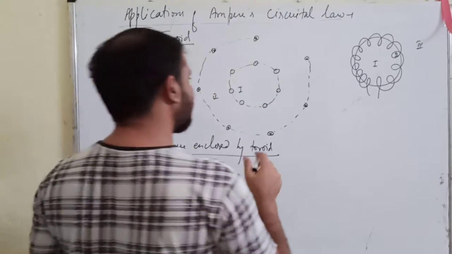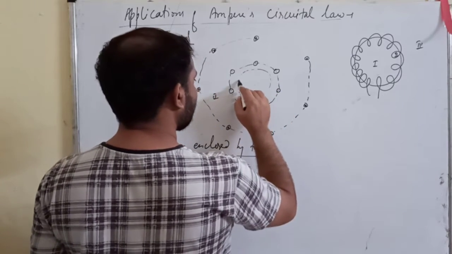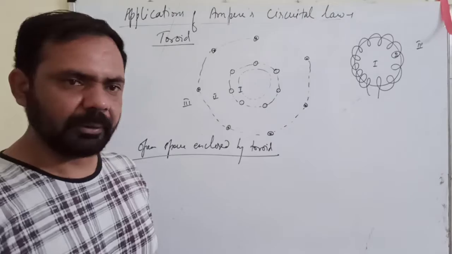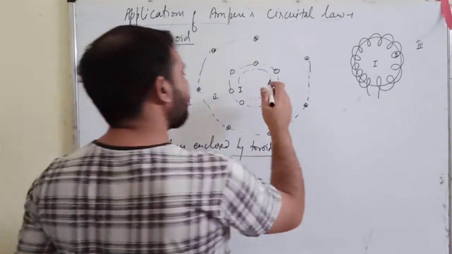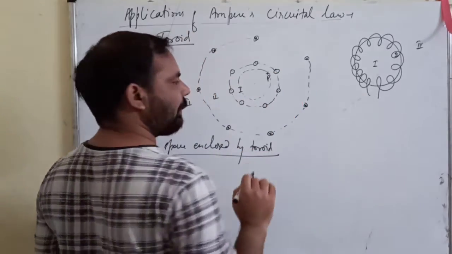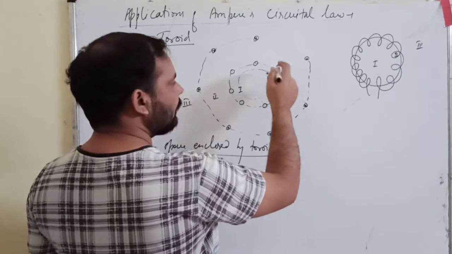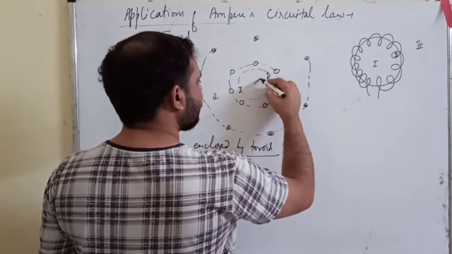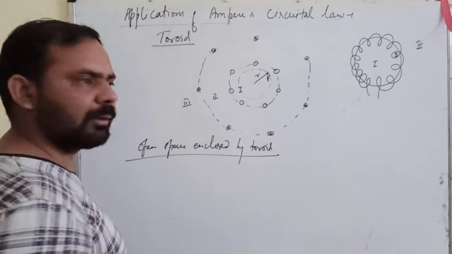For finding the magnetic field, we will make a loop because we want to apply Ampere's circuital law. So we will draw an imaginary loop. Suppose we want to find the magnetic field at point P. I will draw an imaginary loop passing through P, and let us suppose that r is the distance of P from the center of the toroid.